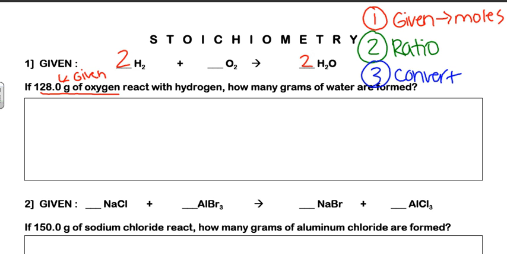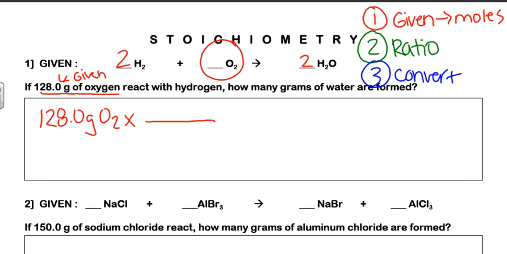Okay, so my given, I've already identified it as 128.0 grams of oxygen. I know oxygen is O2 because I can look at my balanced equation. Because it's O2, meaning it's diatomic, the molar mass is going to be twice the mass of oxygen.